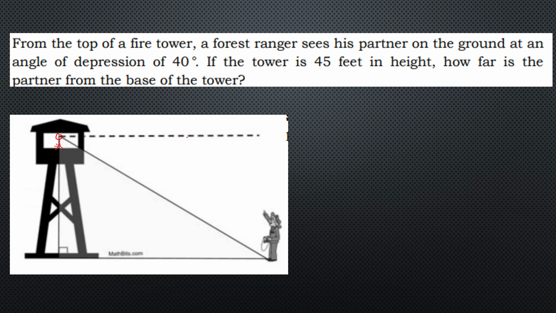So where do you put the 45 feet? And where do you put the 40 degrees? Let's check. The 40 degrees, since that is the angle of depression, you place it here. Sorry, 45 feet is the height of the tower. And then the 40 degrees you place there.